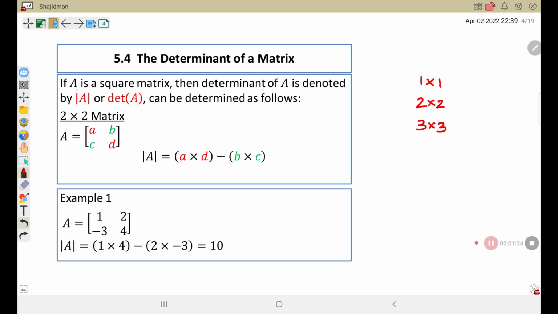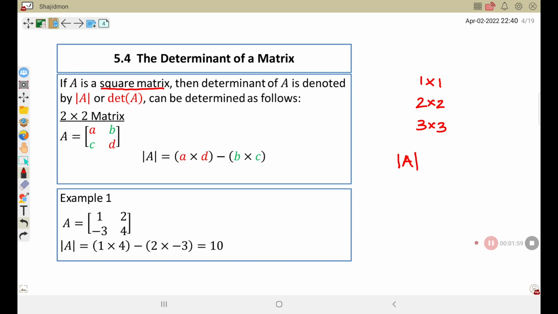So if A is a square matrix, then the determinant of that matrix is denoted either by using this symbol, determinant of A, or we can use the short symbol det of A. That means determinant of A. Now how are we defining a determinant?